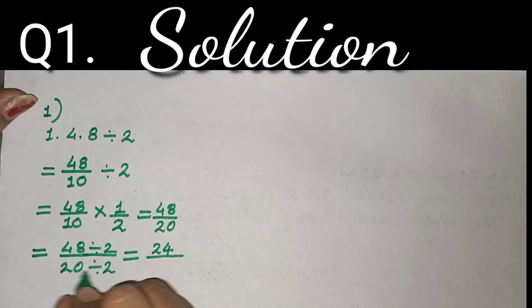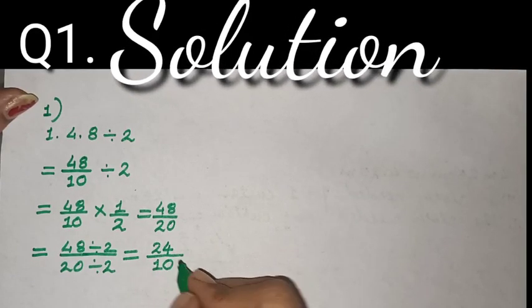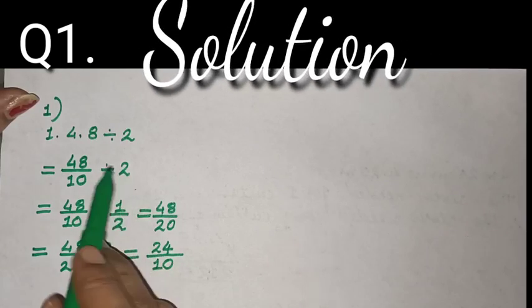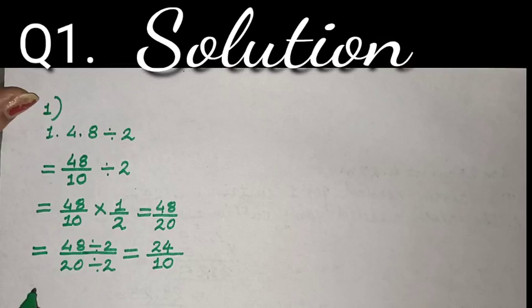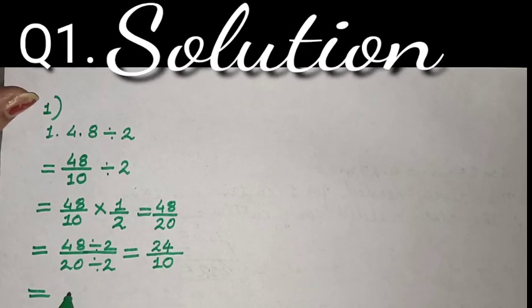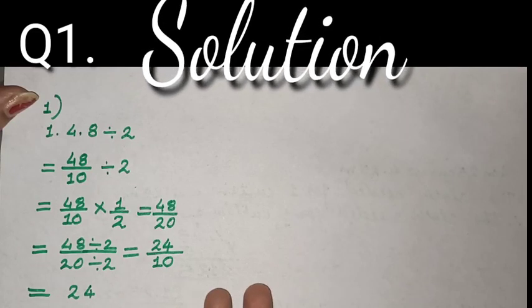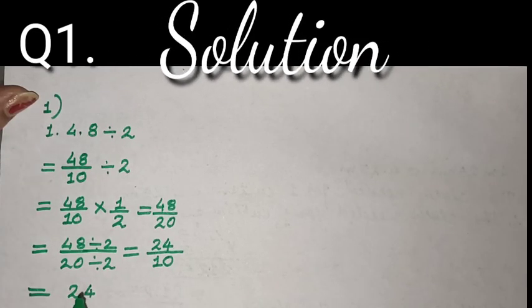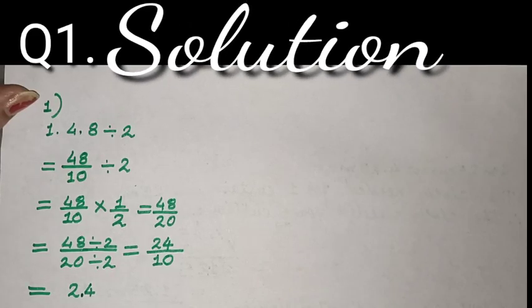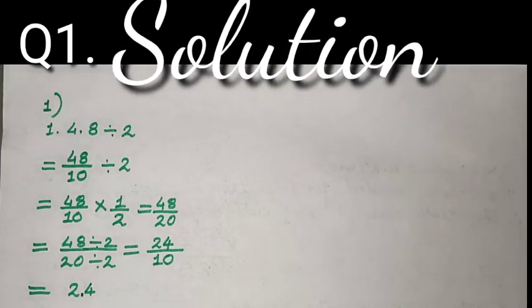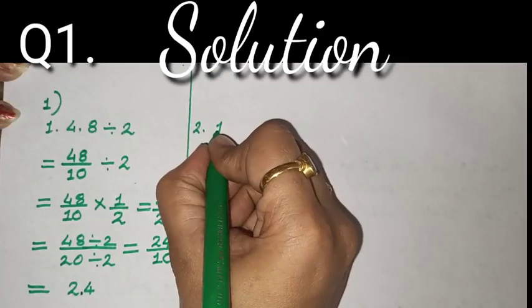Here 20 divided by 2, 10. Answer is 24 upon 10. See here, it is in the fraction form. Let us convert it into decimal form. What will be the answer? We'll write the number as it is. Count the 0, it is 1. So from the right, we'll count one digit and we'll give the point. That is 2.4.